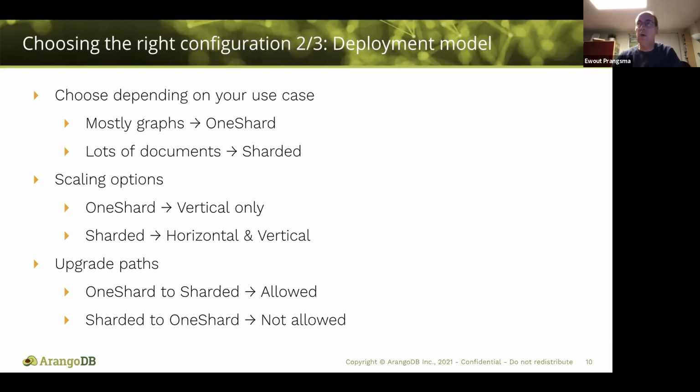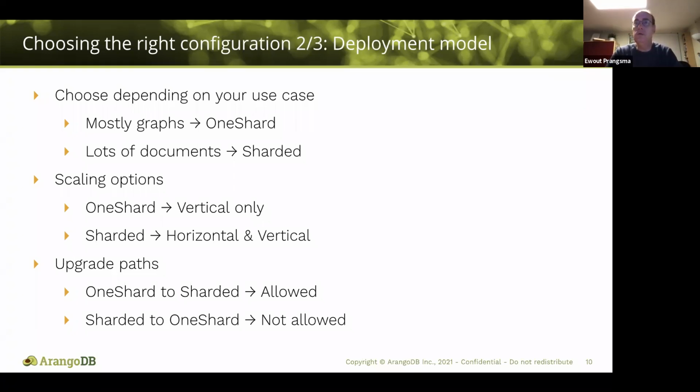For each of these deployment models, there are different scaling options, and that is the restriction. So for one shard, you can only scale vertically. That means that you can take bigger nodes, but you cannot take more nodes. One shard, you have 3 nodes, you start with 3 nodes and you end with 3 nodes. There's no choice there.